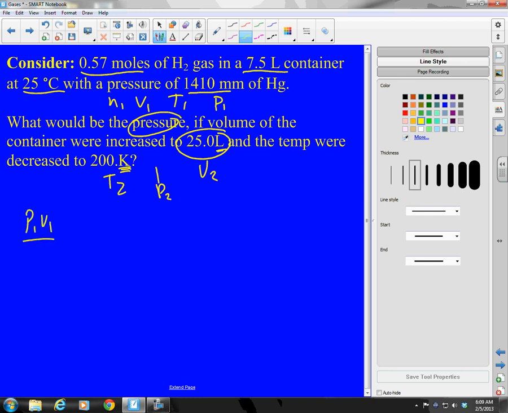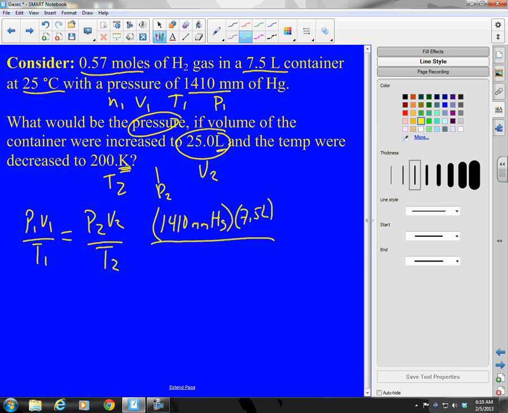P1 V1 over T1 equals P2 V2 over T2, right? What's my P1? 1410 millimeters of mercury. I would like to write my units so I don't make a mistake there. 7.5 liters over, what's my temperature? 25 plus 273.15.